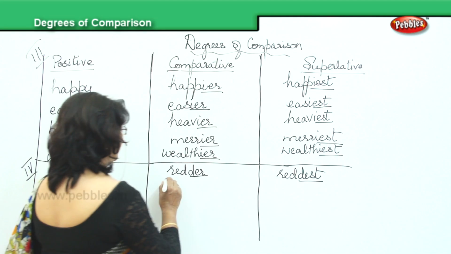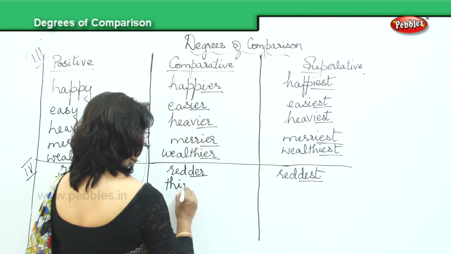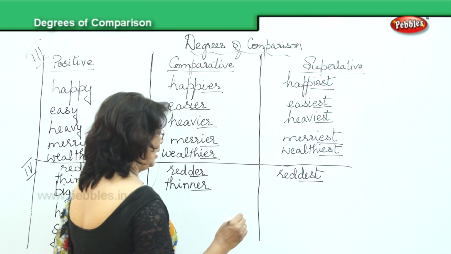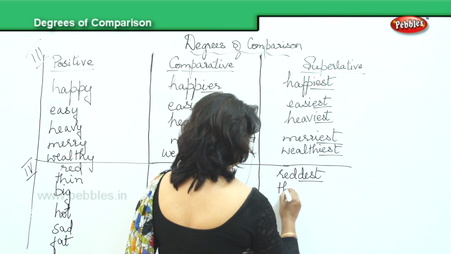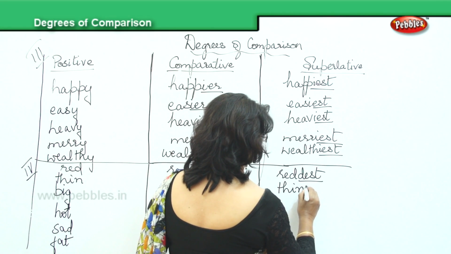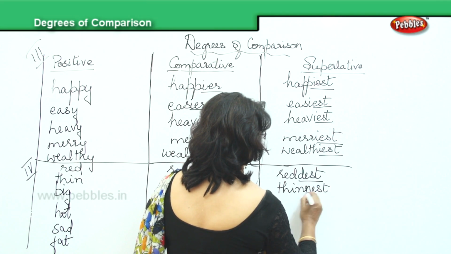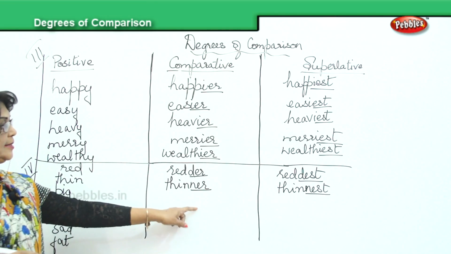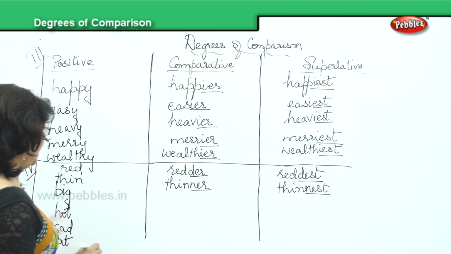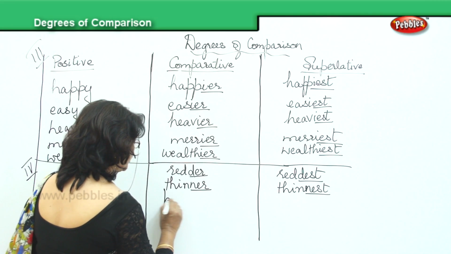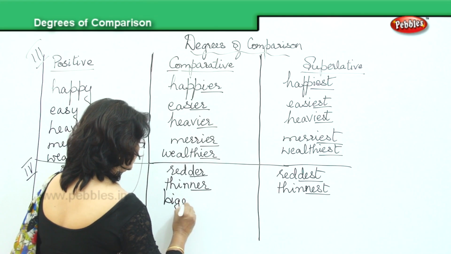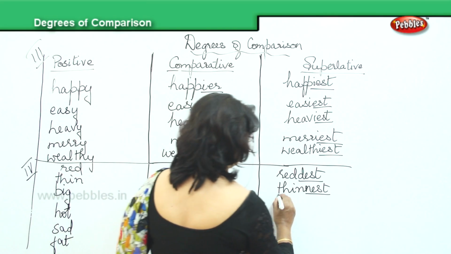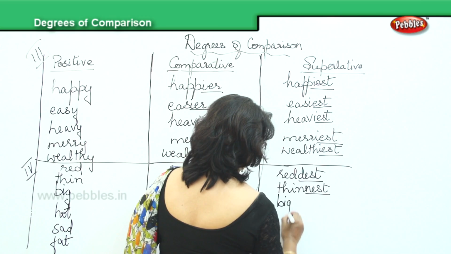Next one, thin, thin, thinner and thinnest. The consonant doubles and adds ER and EST there. Big, bigger and biggest.